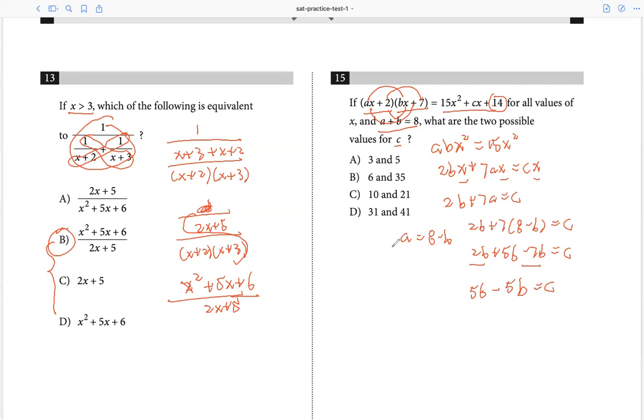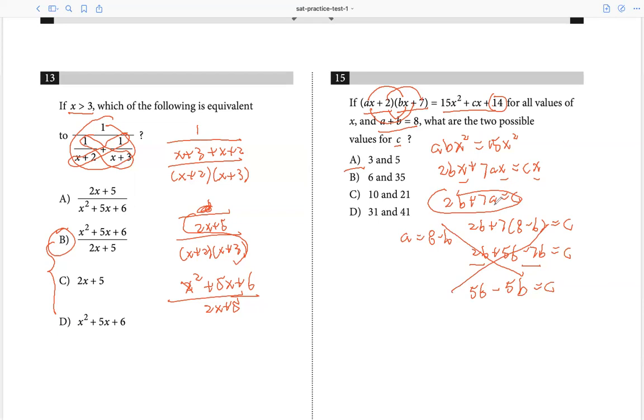So, well, let's check which two values. Let's check 8, 3 and 5. Oh, actually, maybe we can check from here, if we don't want to do that, right? Yeah, actually, this is unnecessary, right? We can check from here, 2b plus 7a equals c. Well, if a is 3, you'll have 7 times 3, 21.